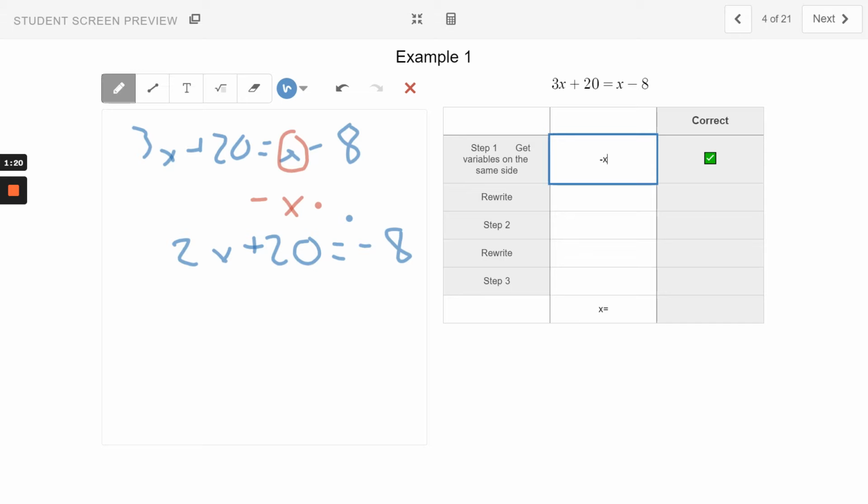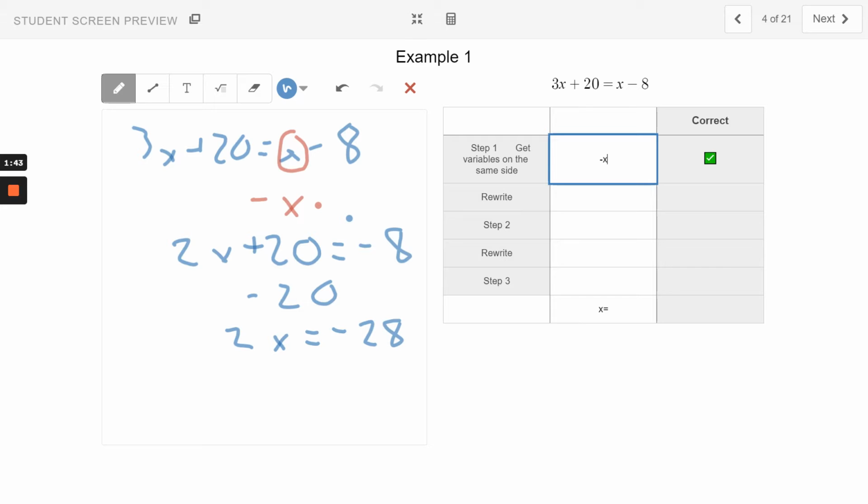So now we only have x's on one side. We have a regular two-step equation that we have solved before. We're going to subtract 20, and we would get 2x equals negative 8 minus 20 is negative 28.